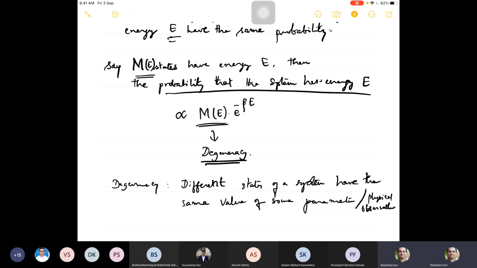This is the meaning of degeneracy usually, in the strictest sense.